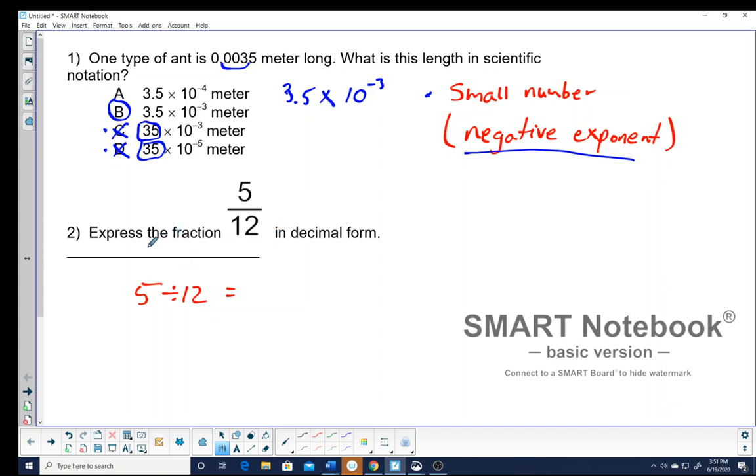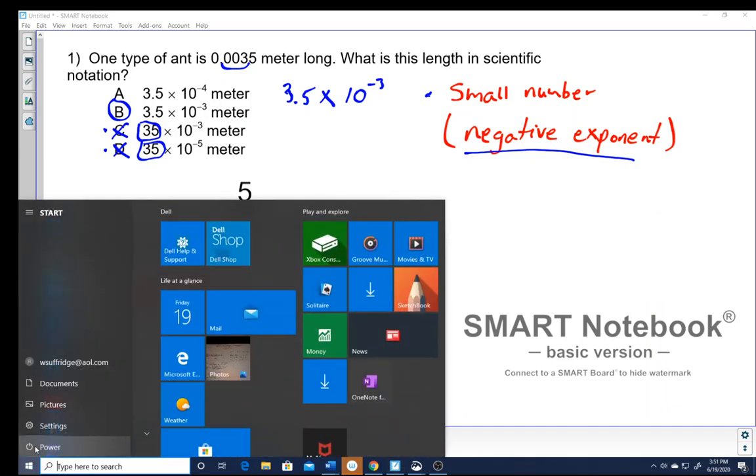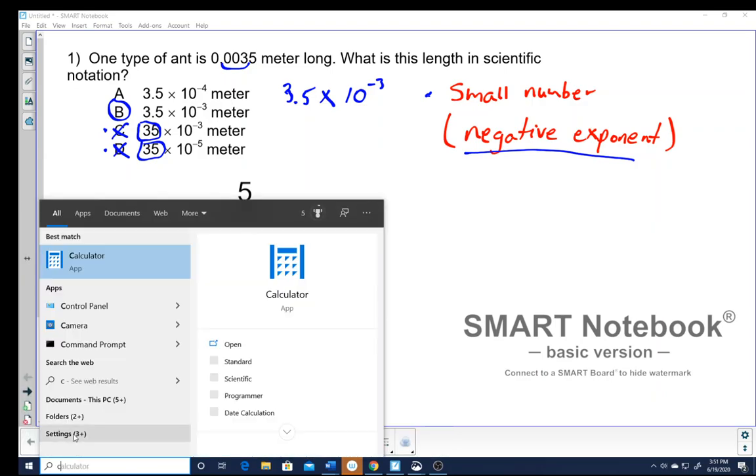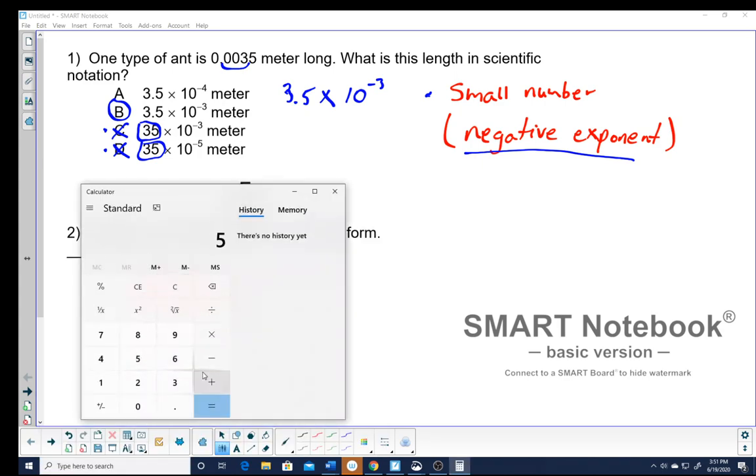Okay, express this as a fraction, so you can just take your calculator and divide 5 by 12, and when you divide 5 by 12, what do you get? You get 0.41 with the repeating 6.